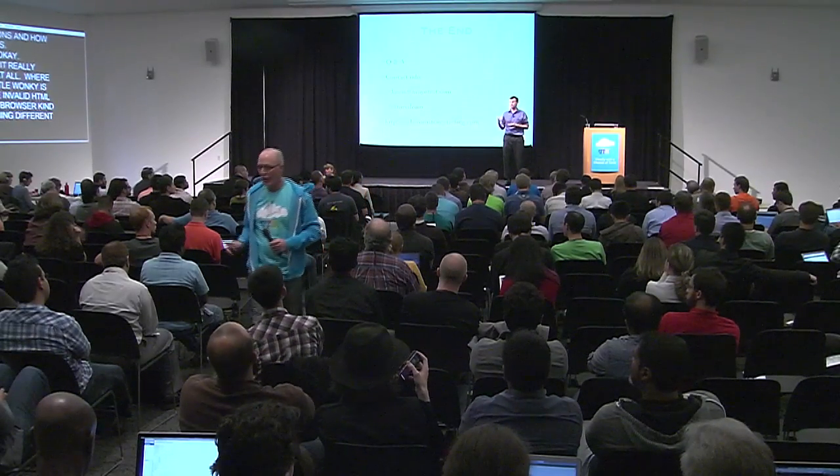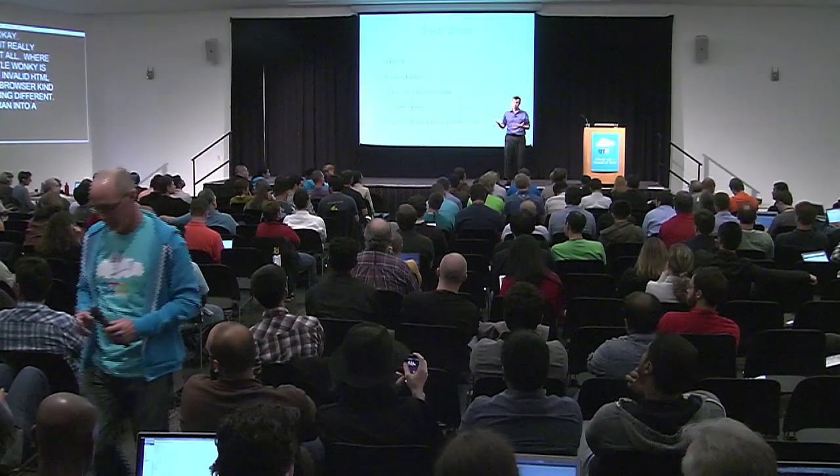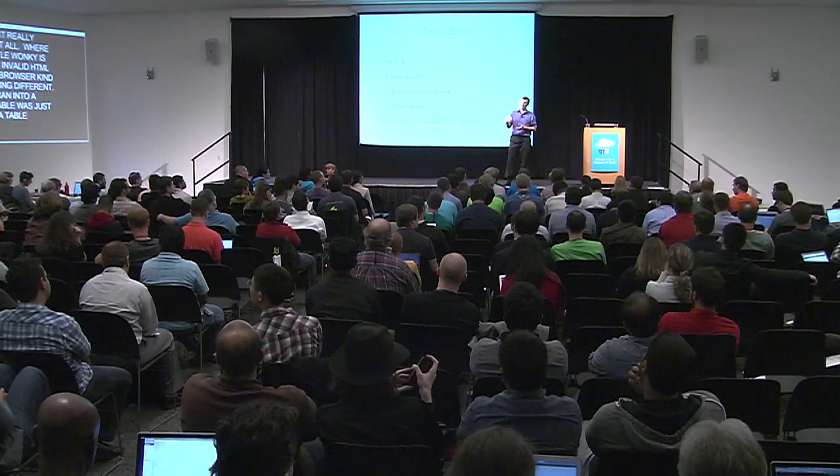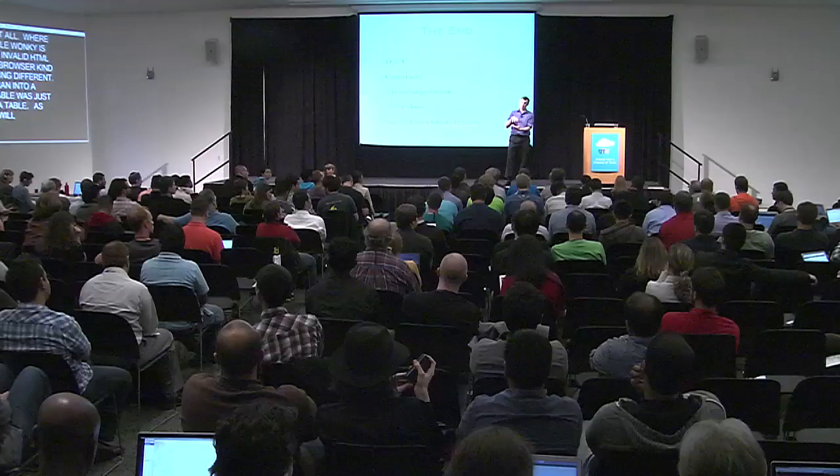For instance, I ran into a case where a table row was just created, not in a table. As it turns out, IE will create an anonymous element and shove the table row in that. Firefox did something completely different, and Chrome did something different beyond that. So that was a case where I had to just discover what happened there and add a new heuristic for that. But for the most part, the heuristics are pretty well defined.